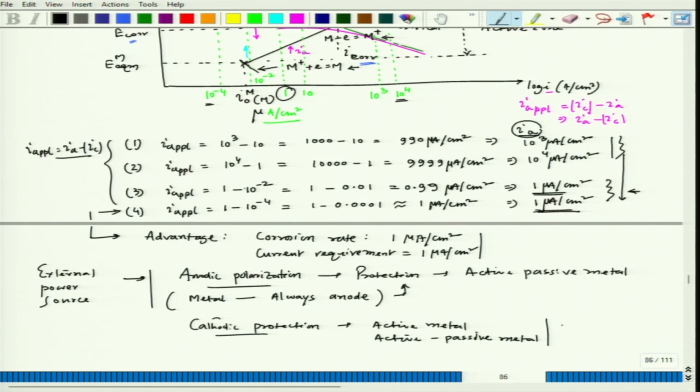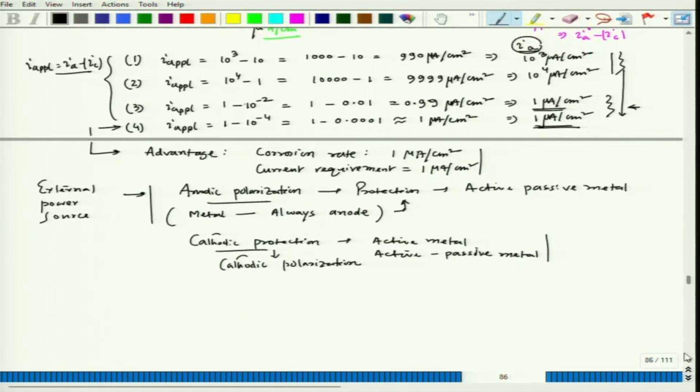Since it relates to cathodic polarization, now here there are two situations.